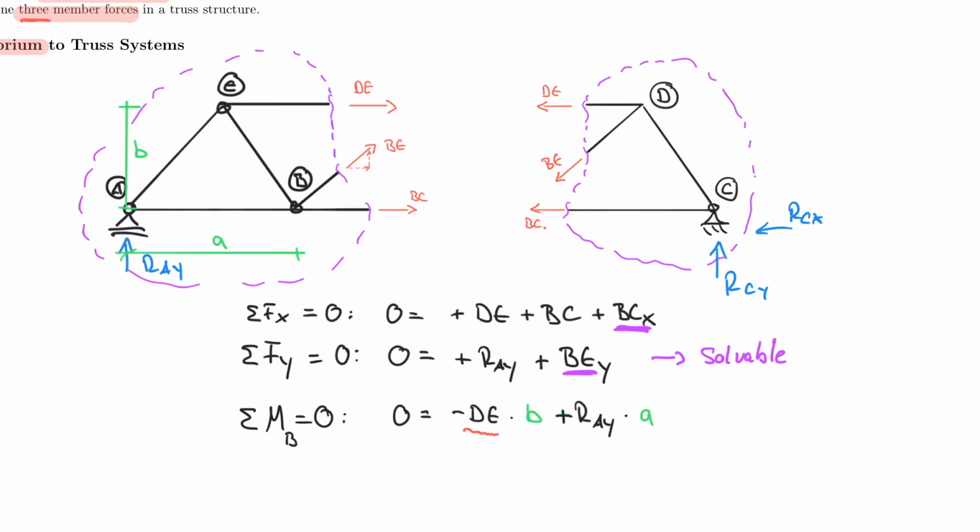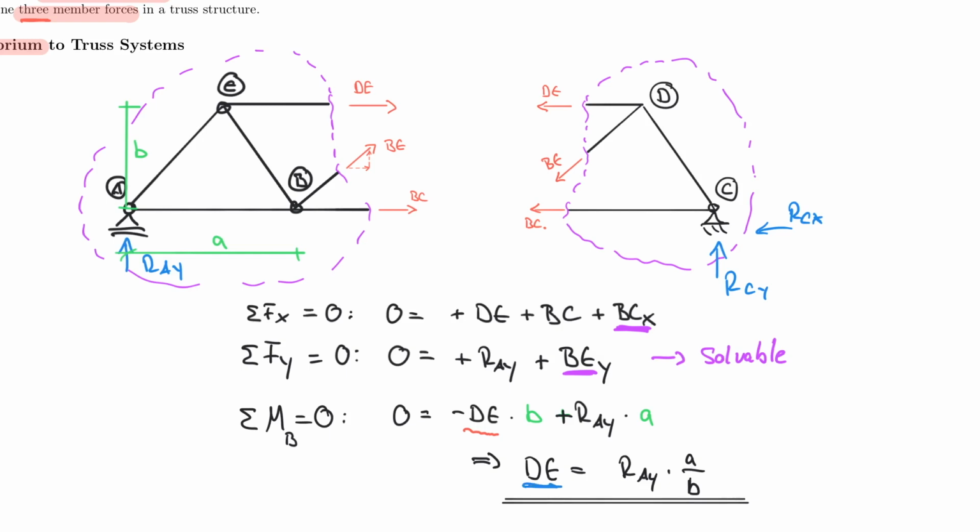I can solve this for you right now, but that's not really the point of the concept here. So DE would be equal to RAY times A divided by B. And that I can solve now. And now you can see that I have also solved for DE.